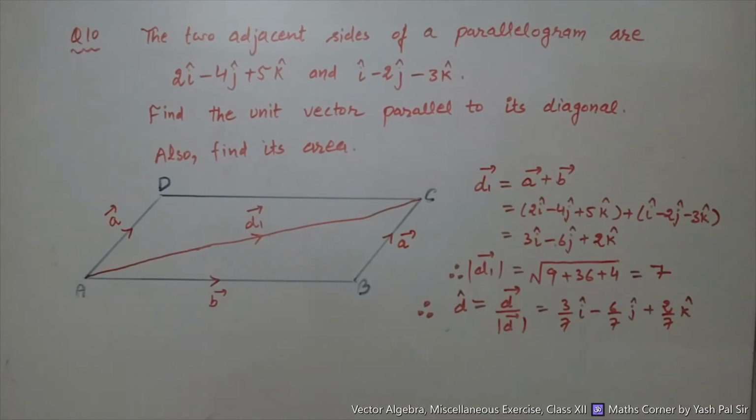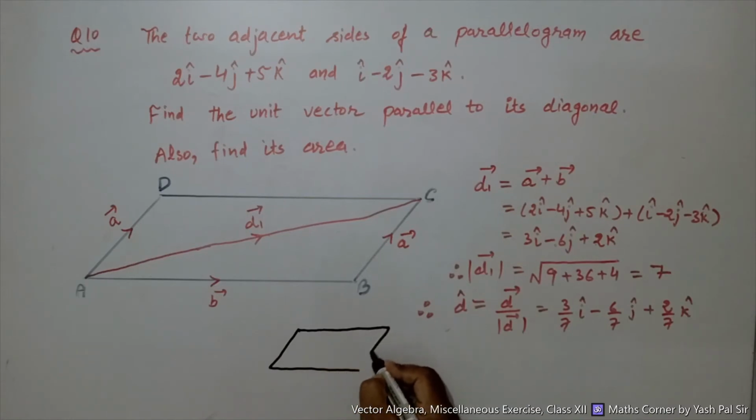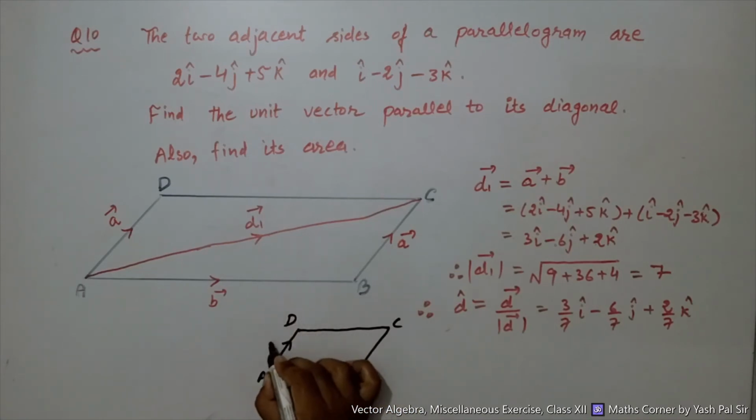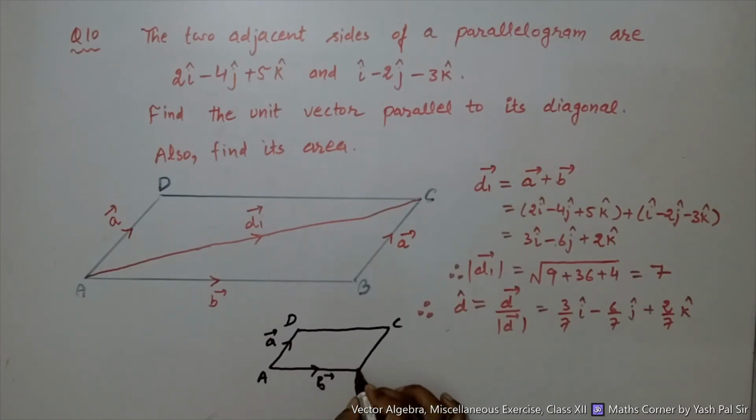Similarly we can find the second diagonal. Here we have the parallelogram A, B, C, D, this is the A vector, this is the B vector. So this is the second diagonal BD.